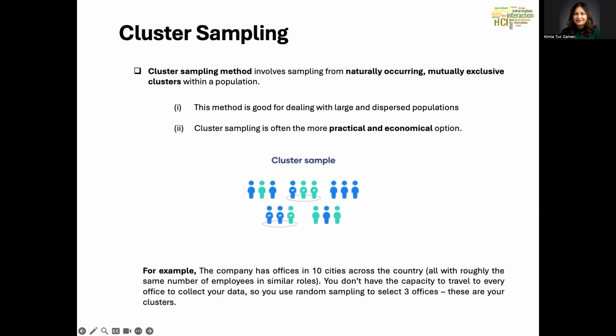In the example here, instead of visiting all 10 offices, we randomly pick 3 offices as our clusters and collect data there. One thing to remember, people within a cluster tend to be more alike, which lowers precision. Plan for a design effect. It's usually better to sample more clusters with few people in each cluster than taking more people and fewer clusters.